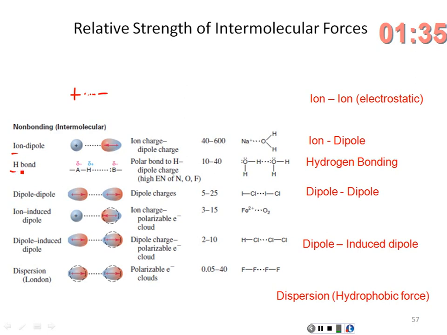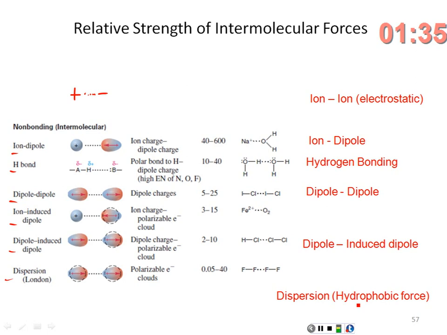Next strongest would be hydrogen bonds. If you remember, a hydrogen bond is a type of dipole-dipole interaction, but the hydrogen bond is the strongest. Then that's followed by an ion-induced dipole, so an ion interacting with a nonpolar molecule and creating a temporary dipole. And then that's followed by dipole-induced dipole, and followed by dispersion or London forces.